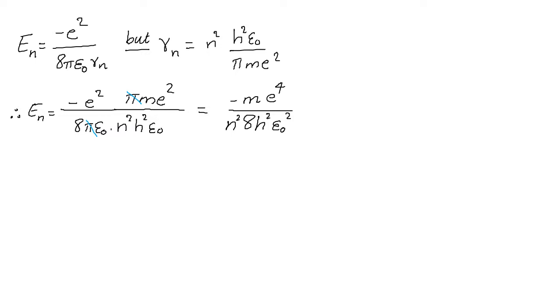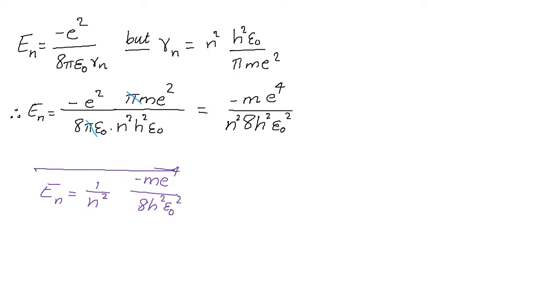So finally I could write the total energy in the nth orbit, En, is given by 1 by n square into negative m e raised to 4 divided by 8 h square epsilon 0 square.